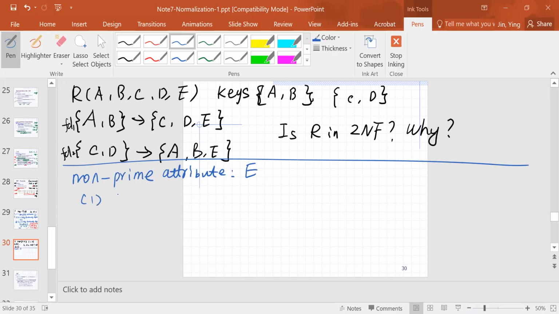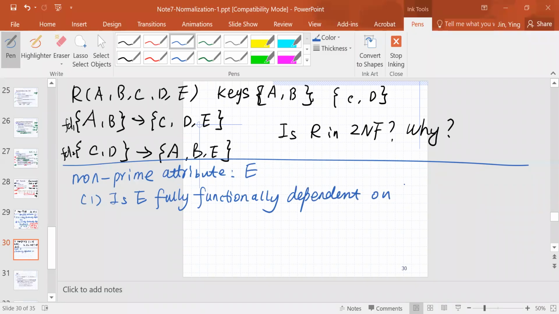Okay, and so we need to check. First of all, I need to check if E is fully functionally dependent on AB. In other words, I want to see if AB to E is a full functional dependency or not, right?